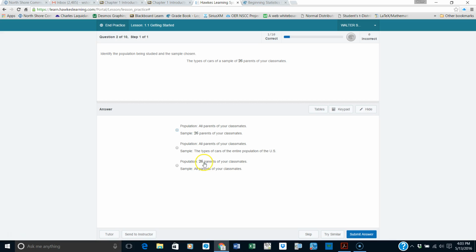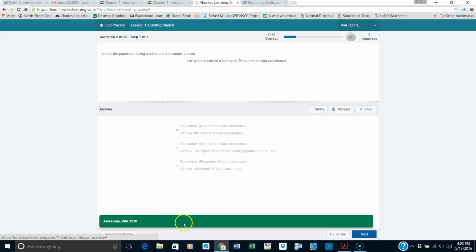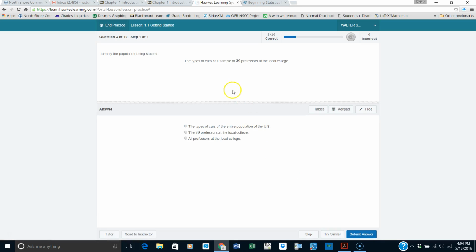Or the population is 26 parents of your classmates and all parents of your classmates? Well, here we have a sample of 26 of all the parents of your classmates. So I would pick the first option, that all parents of your classmates would be the population and the sample would be the 26 parents of your classmates. Let's try that out. Okay, so that's saying that we have a correct answer in that case.